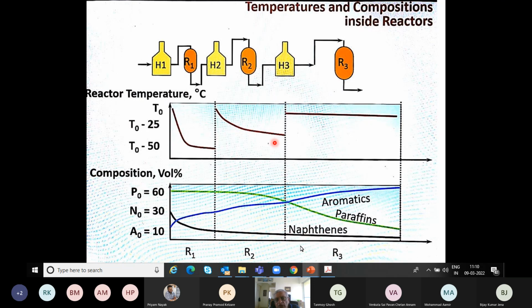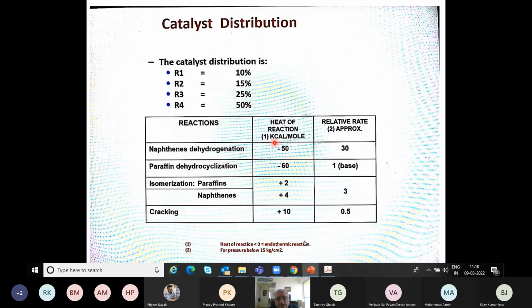As we go along, the distribution of the catalyst follows the same way. Suppose I put a total of 100 tons of catalyst in the reactors: 10 to 15% is in the first reactor, roughly 15 to 20% is in the next, and the rest in the last reactor.